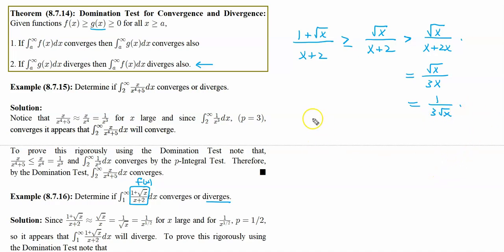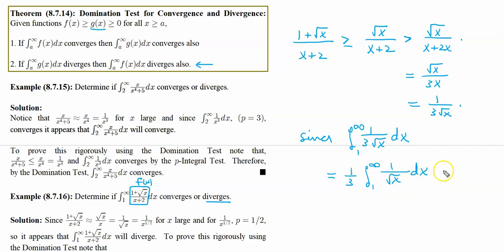Okay, and now the integral from 1 to infinity of 1 over 3 root x dx, well, you can just pull the 1/3 out in front. Certainly this integral diverges, since the p in this case is 1/2, which is less than or equal to 1.